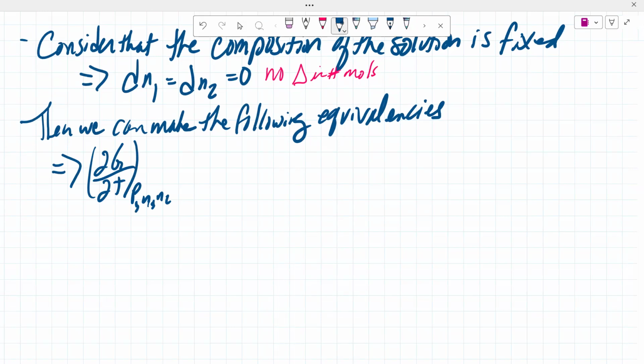And that's got a comma and a one. Is that clear? It's probably not that clear. It's right here. Okay, N1 comma N2. Right, that's better. Equals negative S of P, T, N1 and N2.